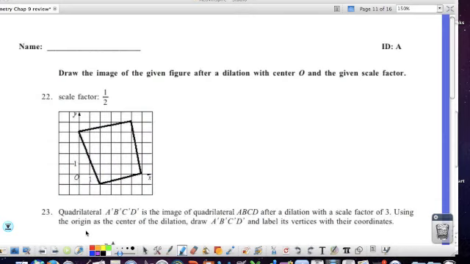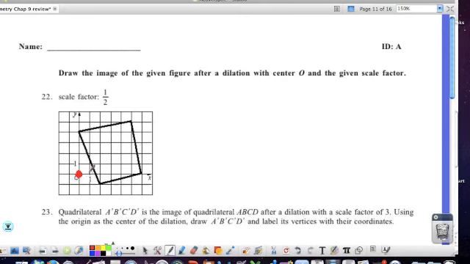Okay, number 22 is the first time that we actually get into a point that may or may not be the origin. They tell us that we're dilating from this, okay? And we don't have problems in geometry honors where we don't dilate on the origin. But basically, if you weren't dilating on the origin, you'd be figuring out how many spaces away from wherever you're dilating is, and then basing it off of that.